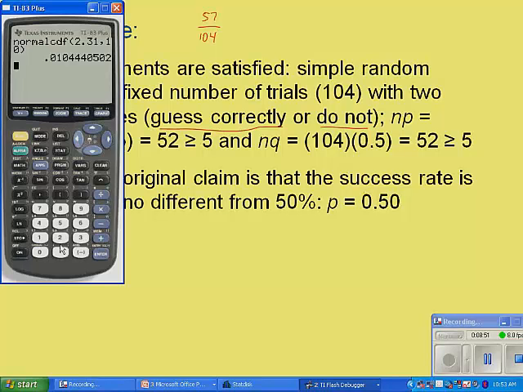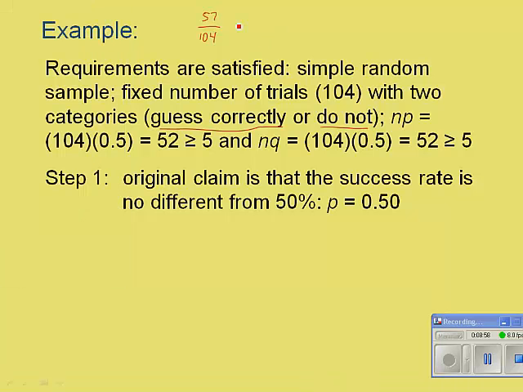Here, let me get it. 57 divided by 104. So they got 0.548, okay. So basically, we're going to see, hey, does that mean that they're better than 50%? I mean, in my sample, there were more, but does that mean that in the population, there's more? Well, let's find out.